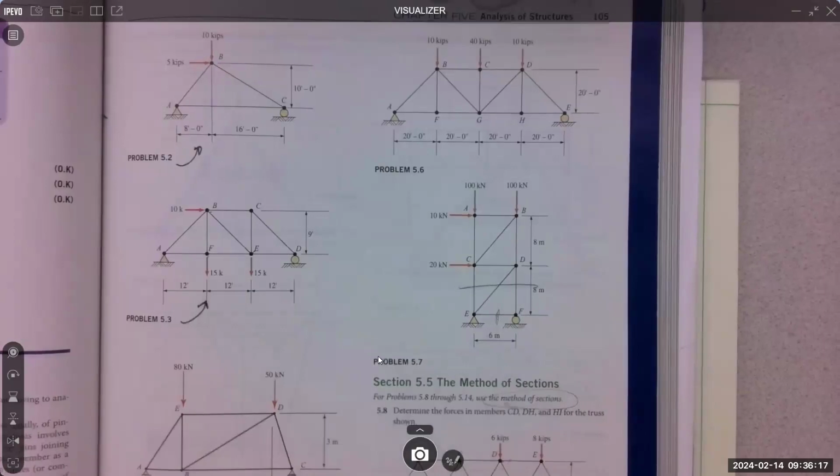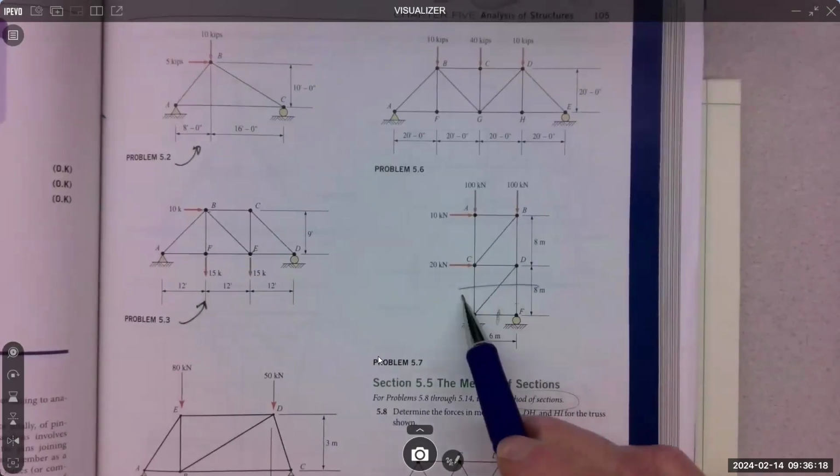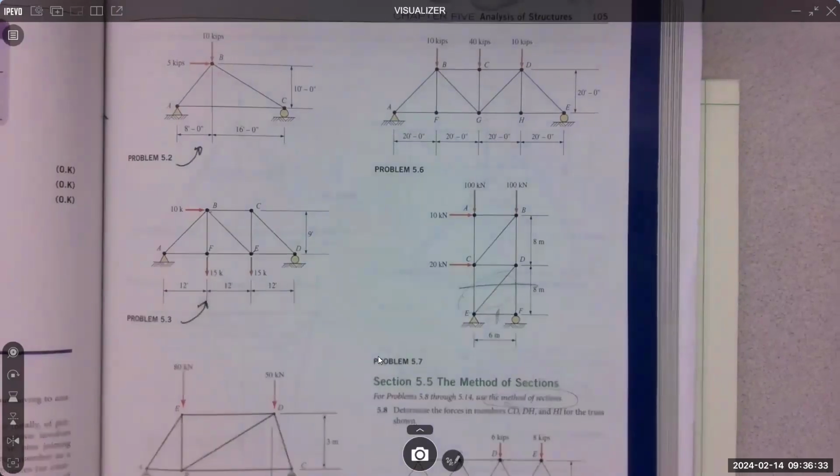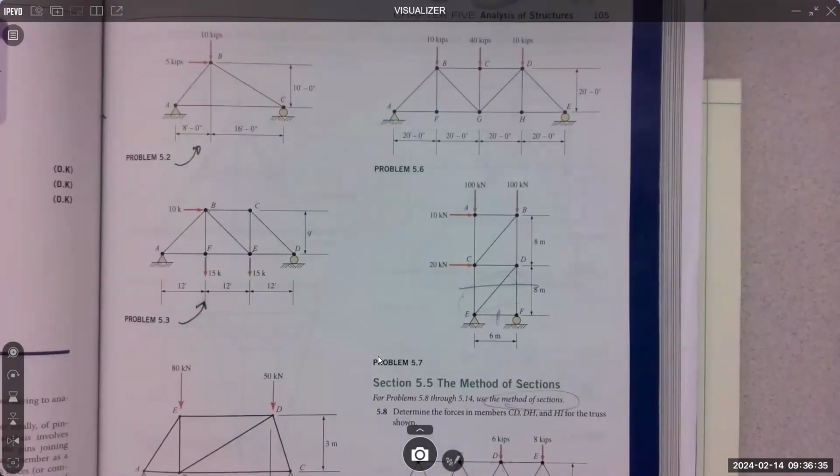Actually, we'll say 4. 1, 2, 3, 4. These members. Oops, focus. There we go. So what are they? It's CE, DE, DF, and EF. Do not have to solve for the upper 1, 2, 3, 4, 5 members.